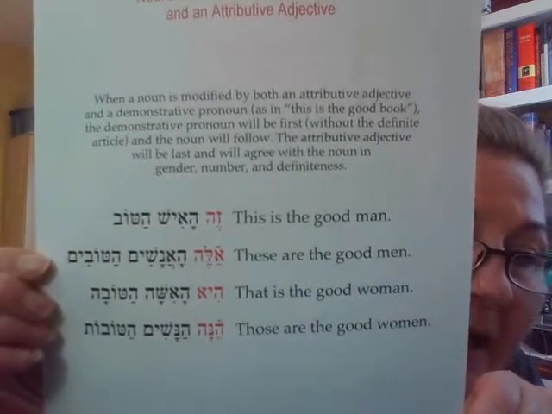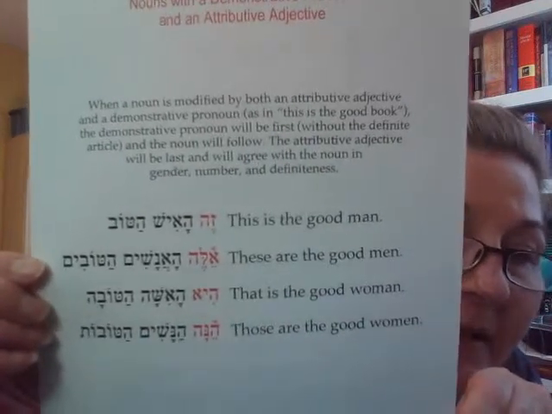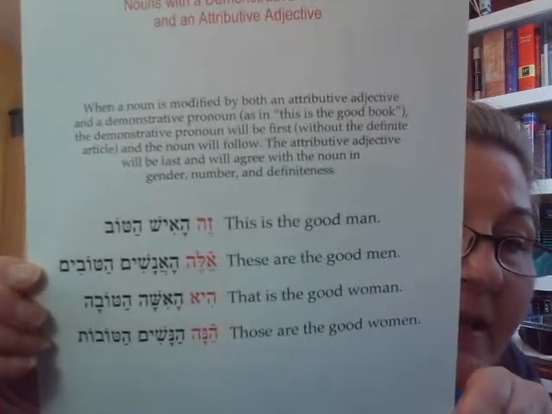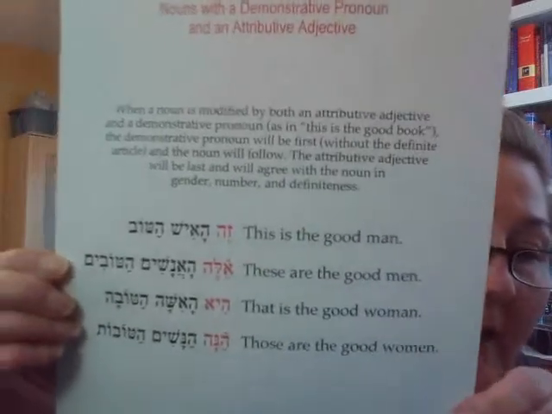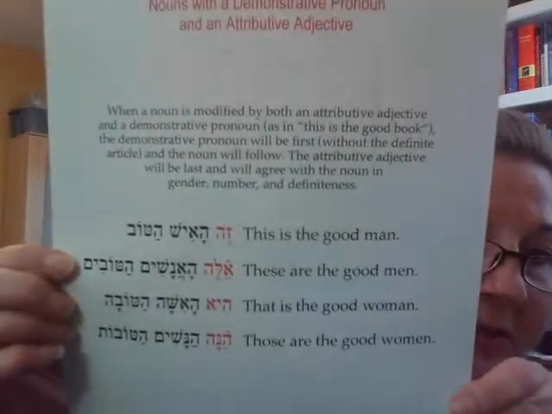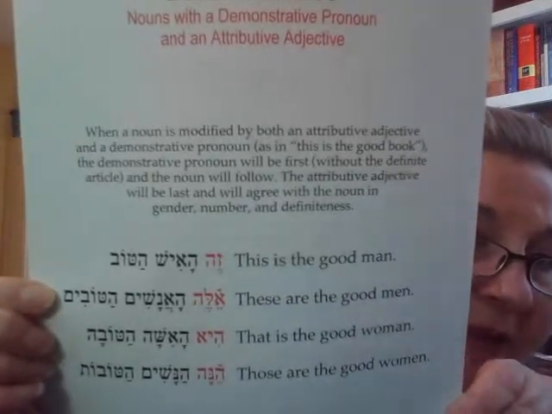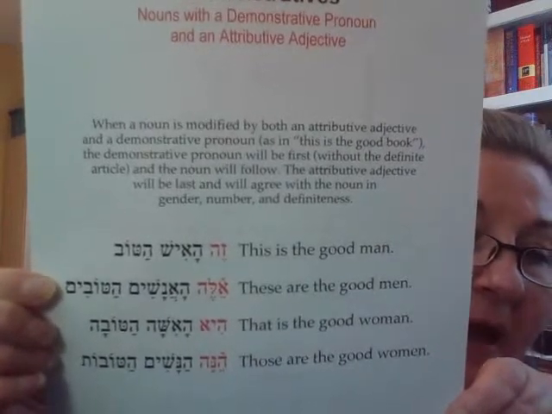Elleh ha'anashim hatovim. These, the men, the good. So look at elleh, and that's going to be your demonstrative pronoun, and it's going to be these.